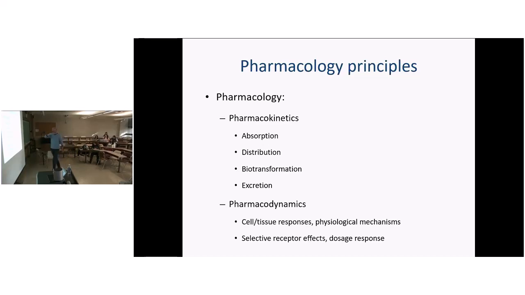So on the pharmacology, these two words, pharmacokinetics and pharmacodynamics, are actually as important for us to have somewhat of an idea as actually knowing what class of antibiotics we're going to study. Why?